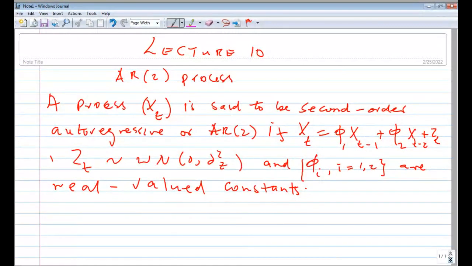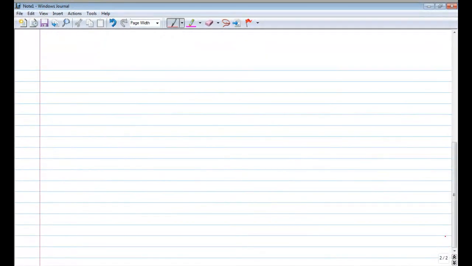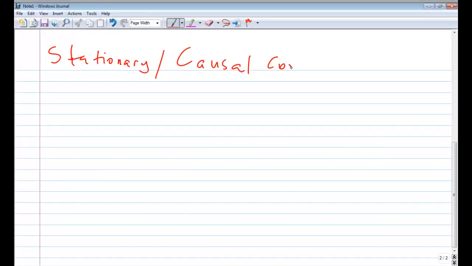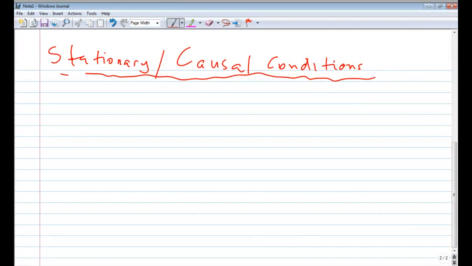So we call them stationary or causal conditions.